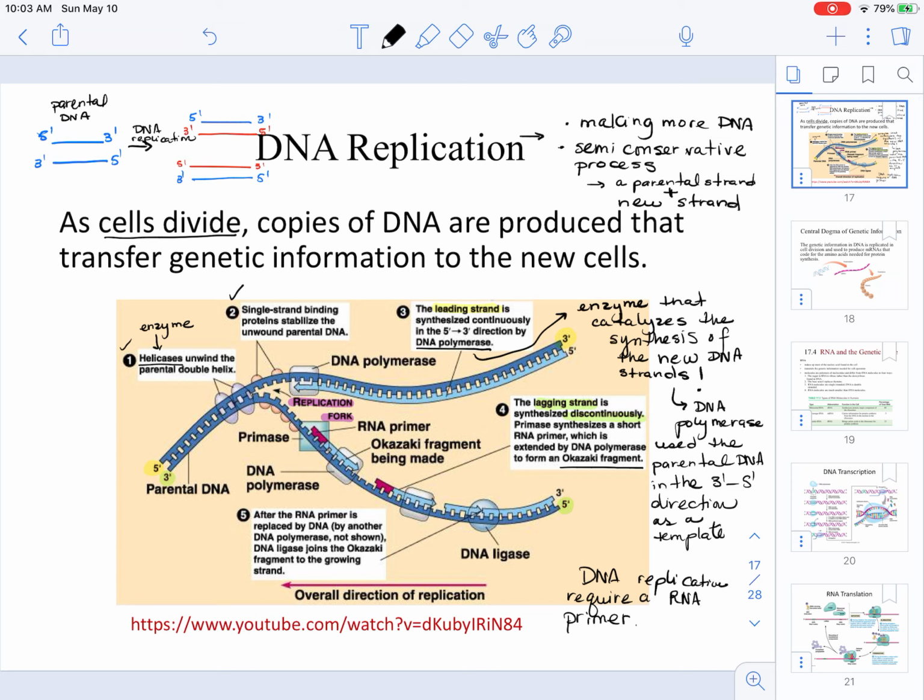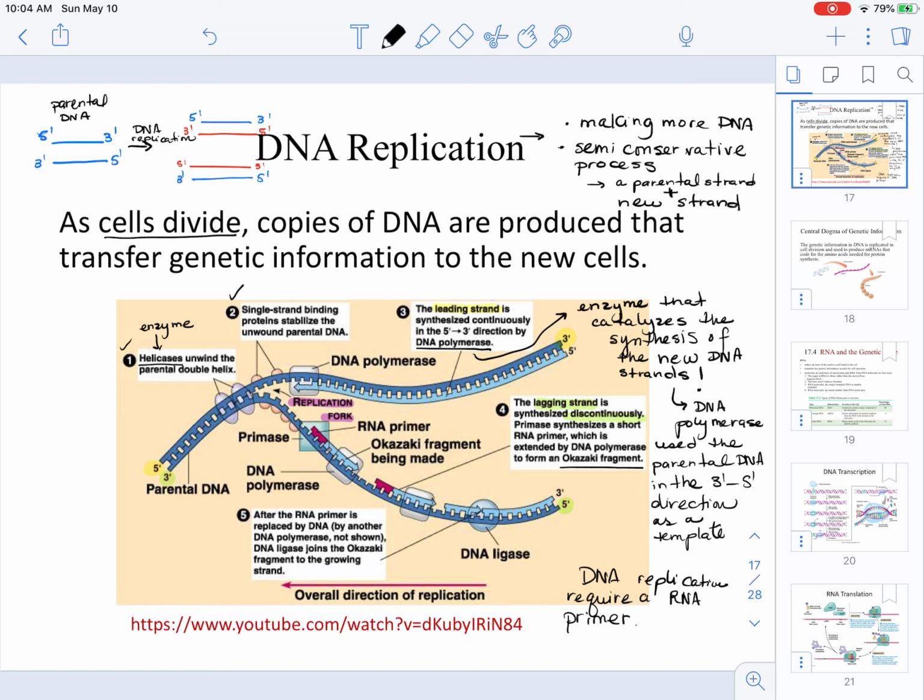So this RNA primer is added in order for DNA polymerase to start the synthesis of these new strands. And in the last step of the reaction, that RNA primer is going to be replaced by DNA, and there's a different DNA polymerase that does that.